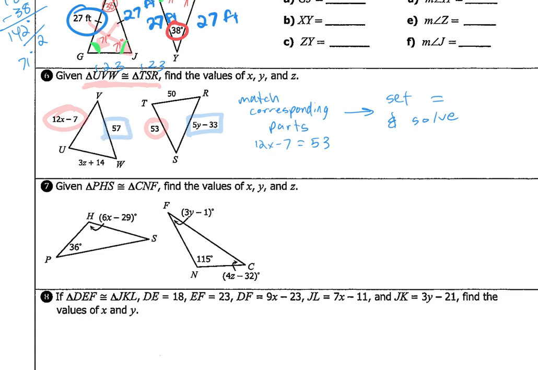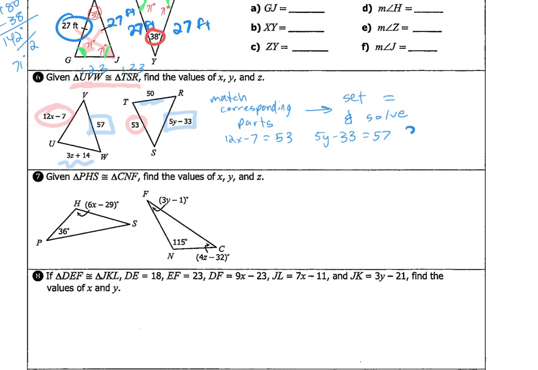So again, I would set 5y minus 33 equal to 57. And that leaves UW, which should match up with TR. Sure enough, it does. And so again, I would set 3z plus 14 equal to 50. And again, solve.